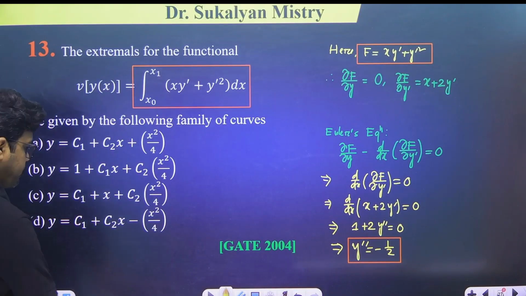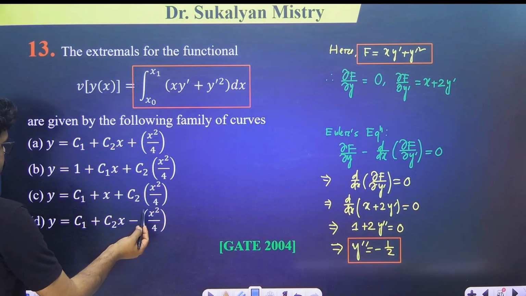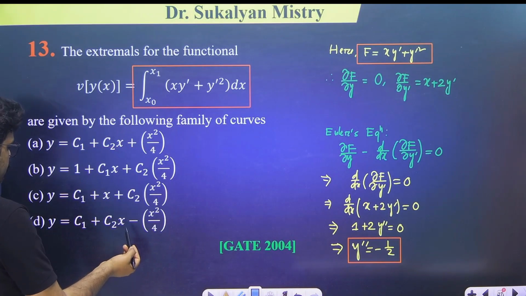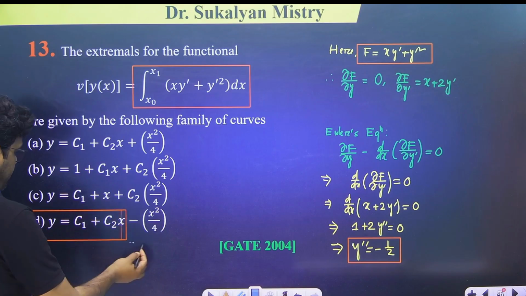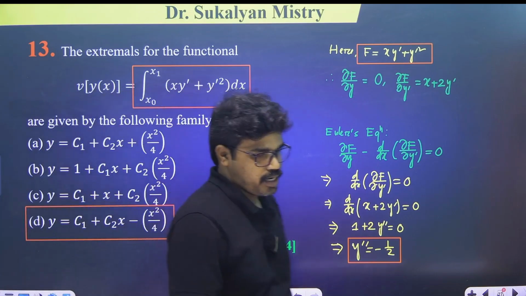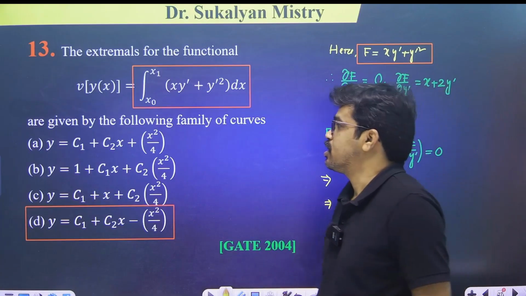So this is of the form y is equal to minus x square by 2 plus c1x plus c2, the constant doesn't matter. So this is the answer. Option D is the correct answer. Clear? So which option is correct? Option D is the correct answer.